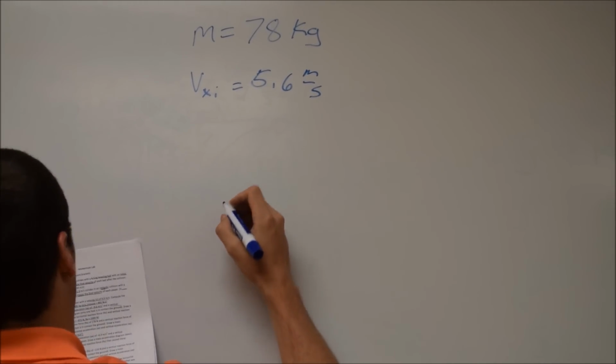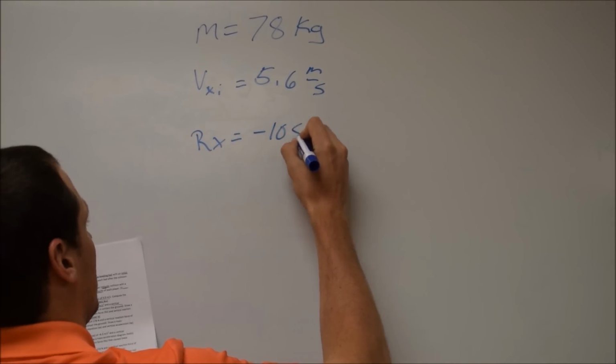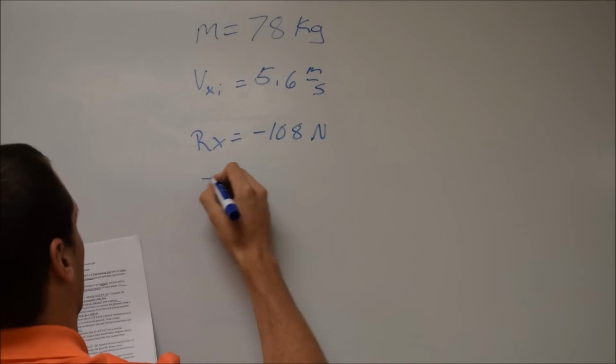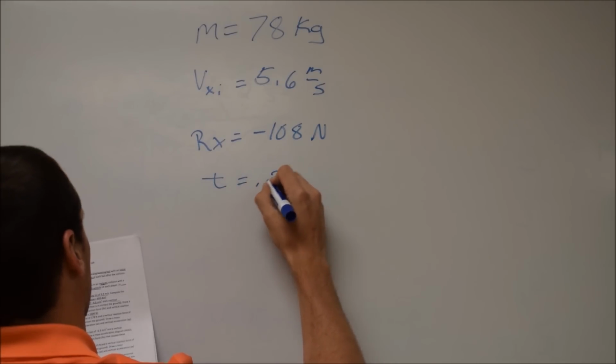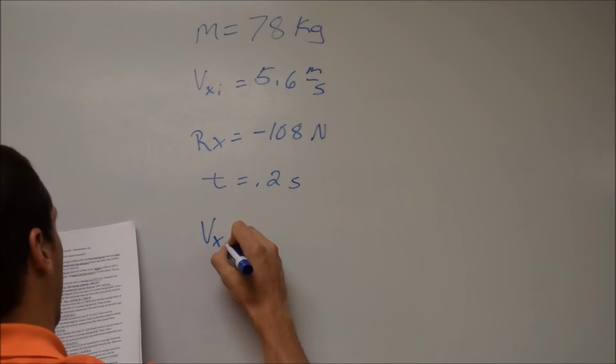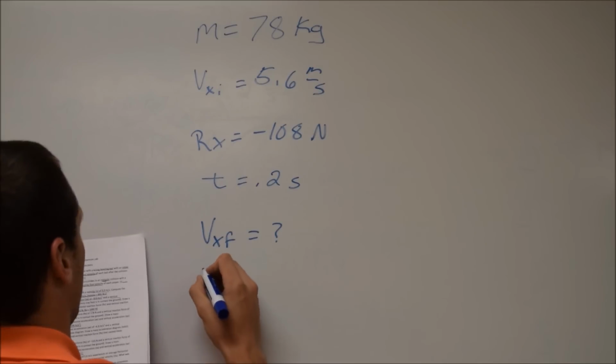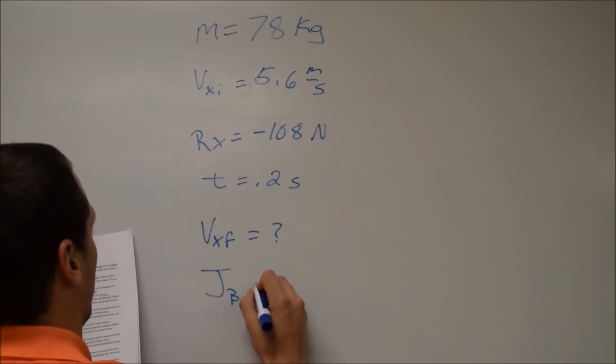And the Rx is equal to negative 108 newtons. And our time is 0.2 seconds. So what we need to do is find the Vxf, and we need to find the braking impulse.